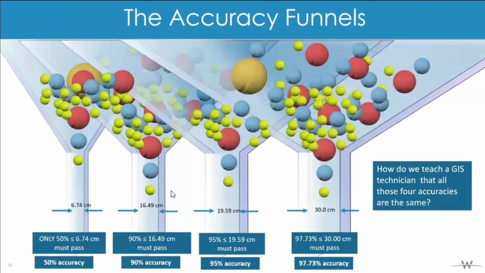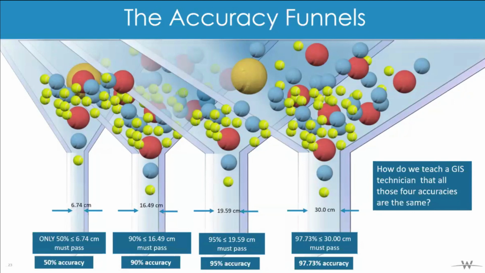Here's another way to present the same concept, for example, accuracy funnels. If I look at the very far left, the neck of that funnel is only 6.74, and that's the confidence level we based it on, right? But you're not required for all these balls to pass through it. Only 50% of these balls have to pass through.